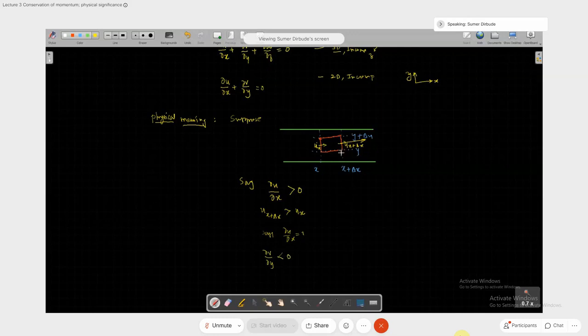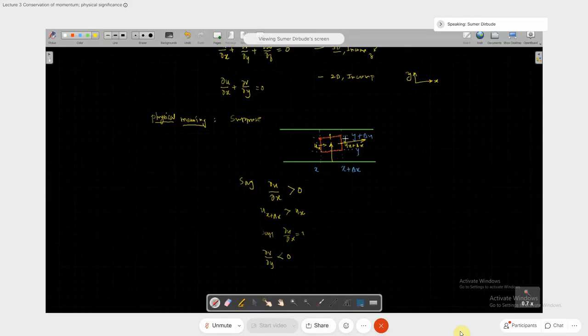What does it mean? ∂v/∂y less than 0 means a larger amount of mass should be coming in from the y direction as compared to what is going out in the y direction.